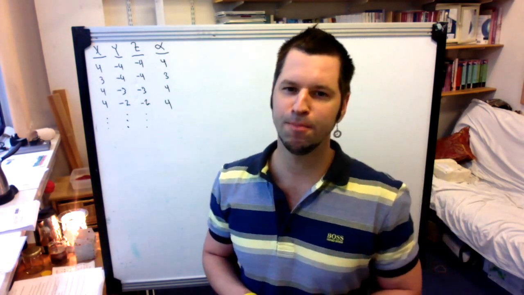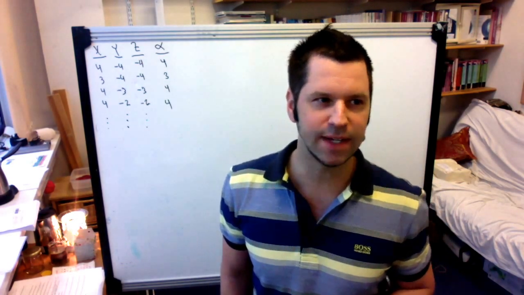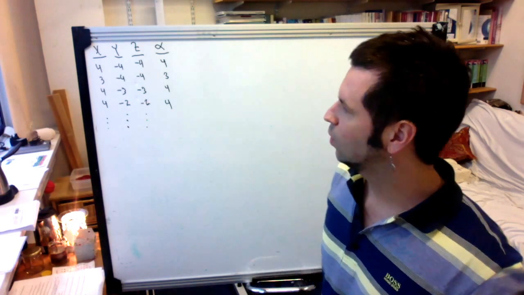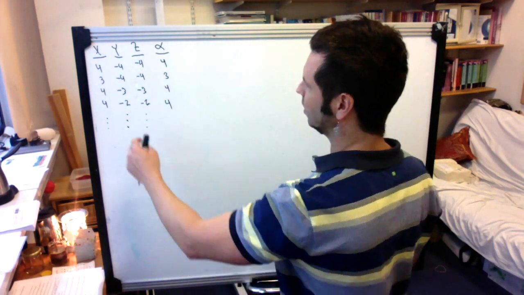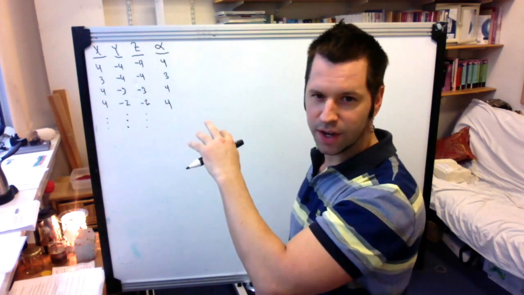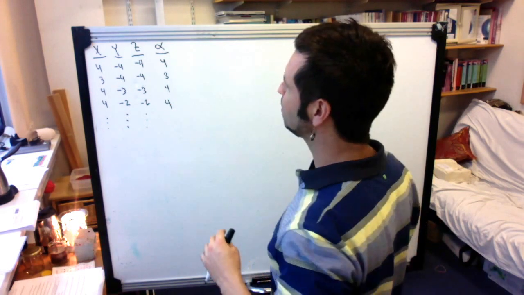It's a fancy name, but the basics are very simple, very easy. So imagine we have some data. This is just synthetic, made-up data. It's a very small set of numbers.